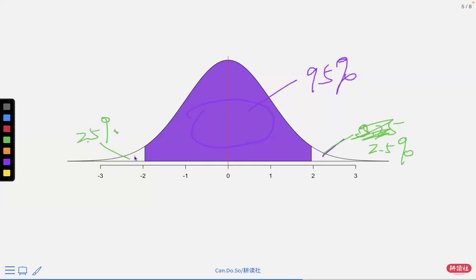This plus this is 5%. So the other part is 95%.